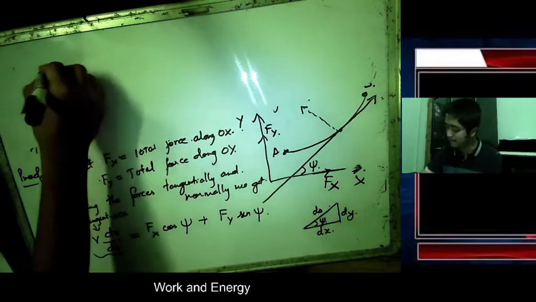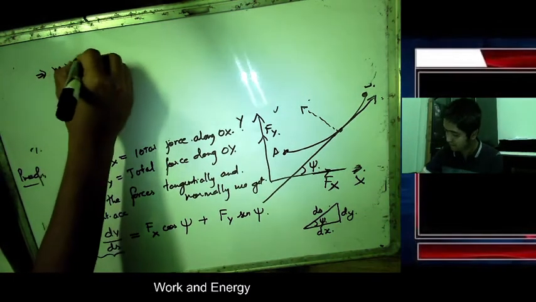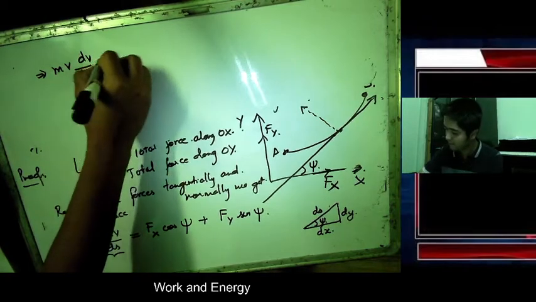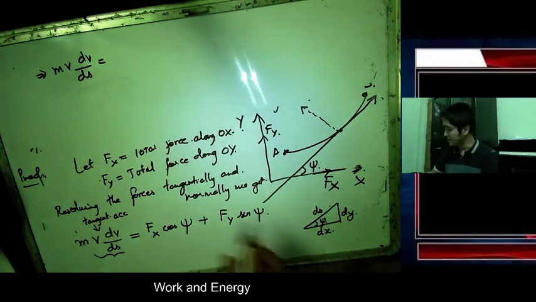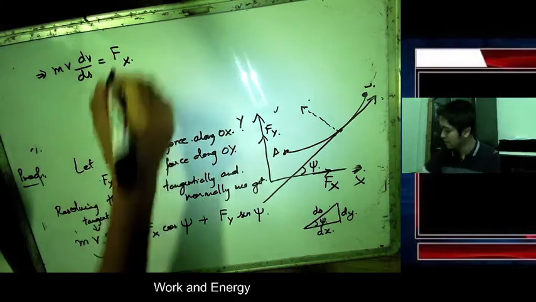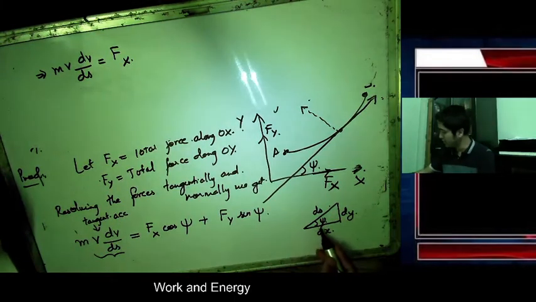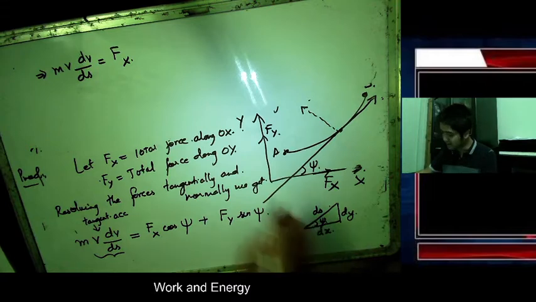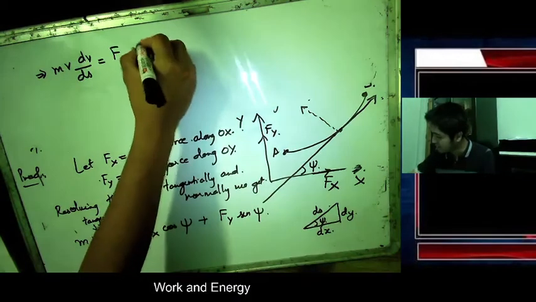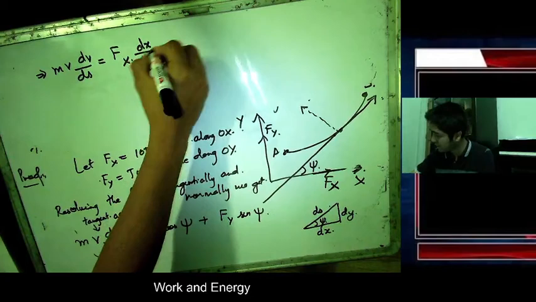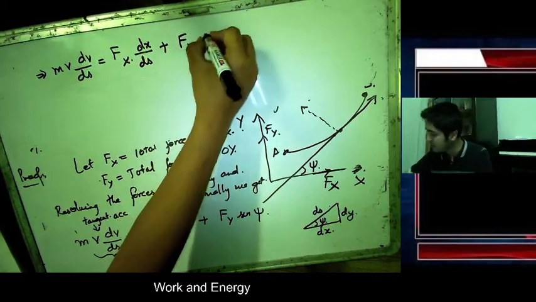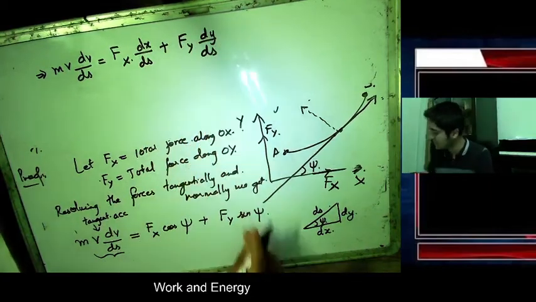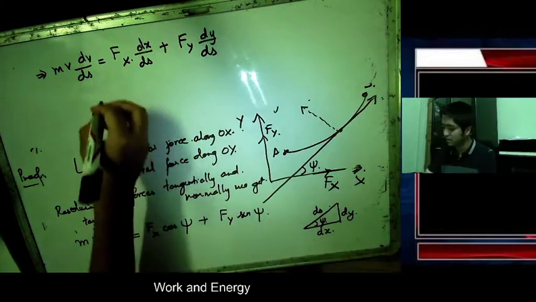So cos psi will be dx by ds, plus Fy dy by ds, since sin psi will be this.